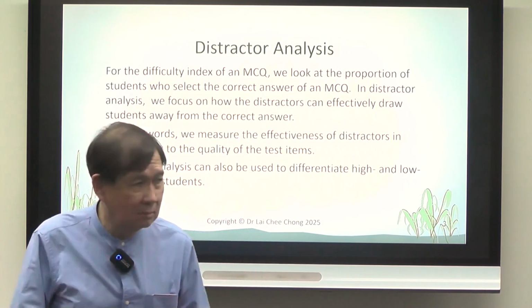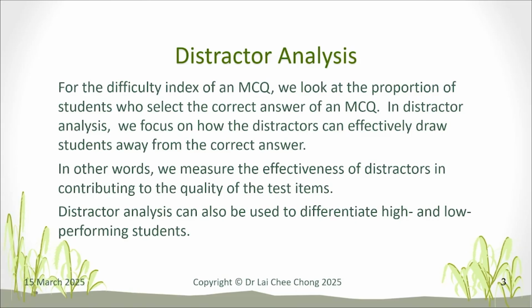Especially for language MCQ, if your stem has these two words there, I'm sure the kids can guess their way very well. Why must you put them together at the same time? You tell me. They can guess easily. So don't do that. You give away the answers. Or if you have answers where one option is very, very long, or one very short, you're giving a hint to the kids, am I right? So these are things that show whether your distractor is effective or not.